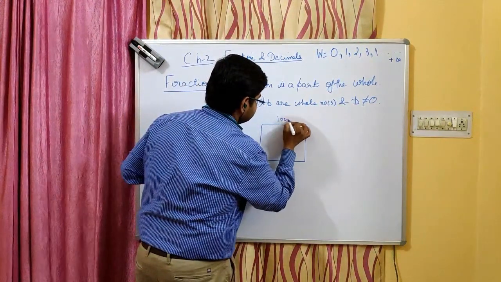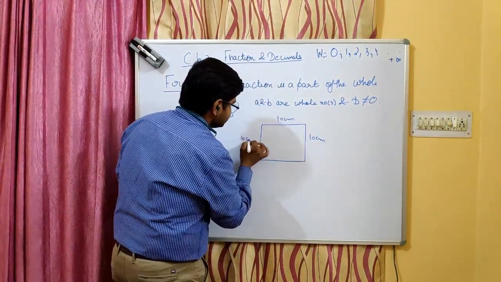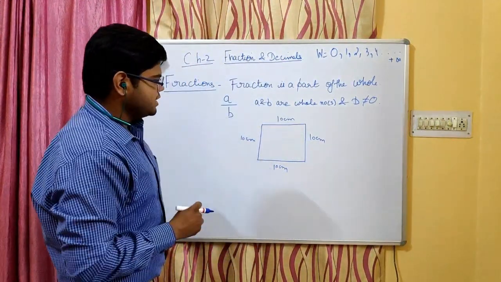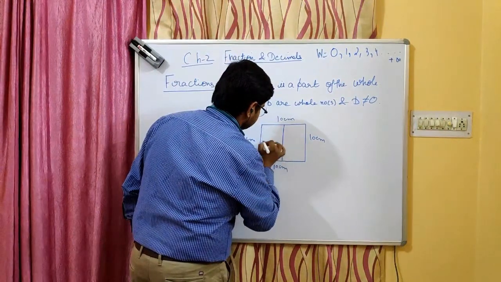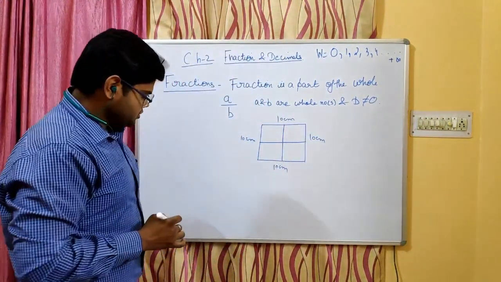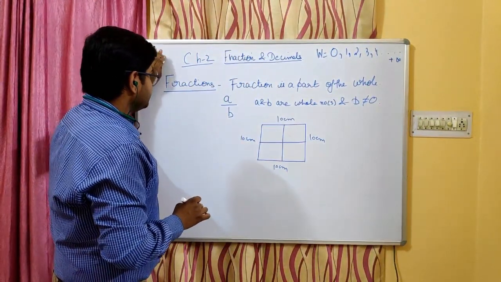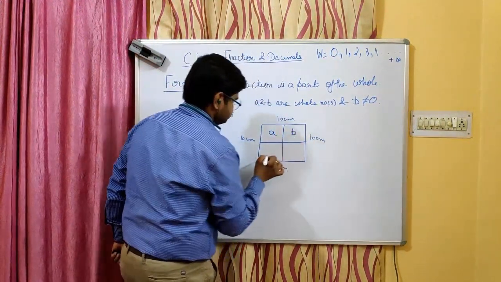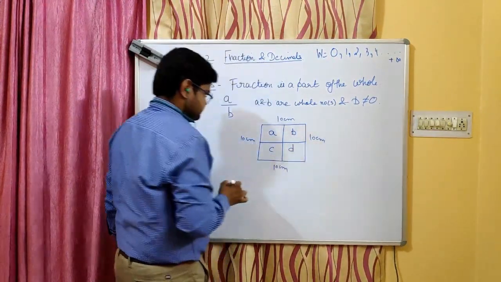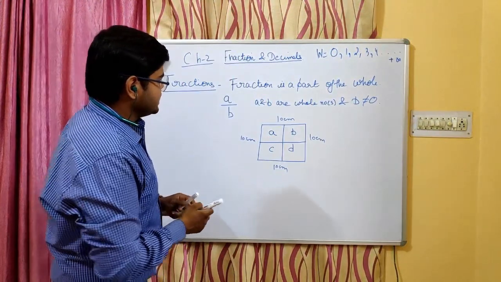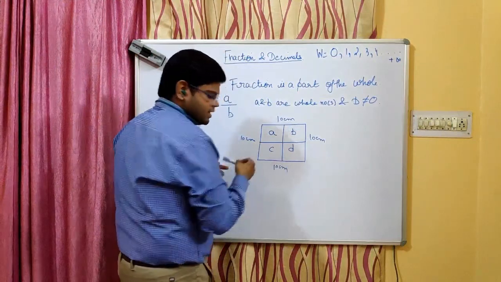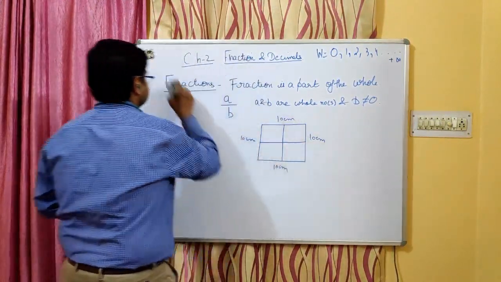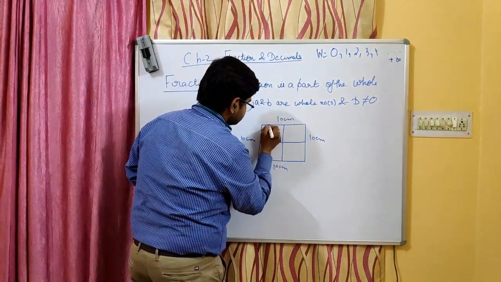So if this side is 10 centimeters, then this will be 10 centimeters, this will be 10 centimeters, and this will also be 10 centimeters. Now if you divide this square into four equal parts, okay children, we can do without the names, it will get confusing.